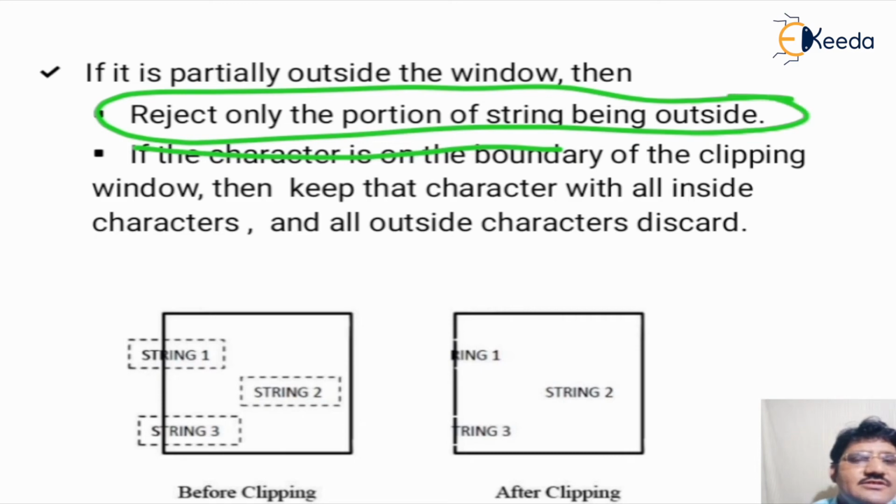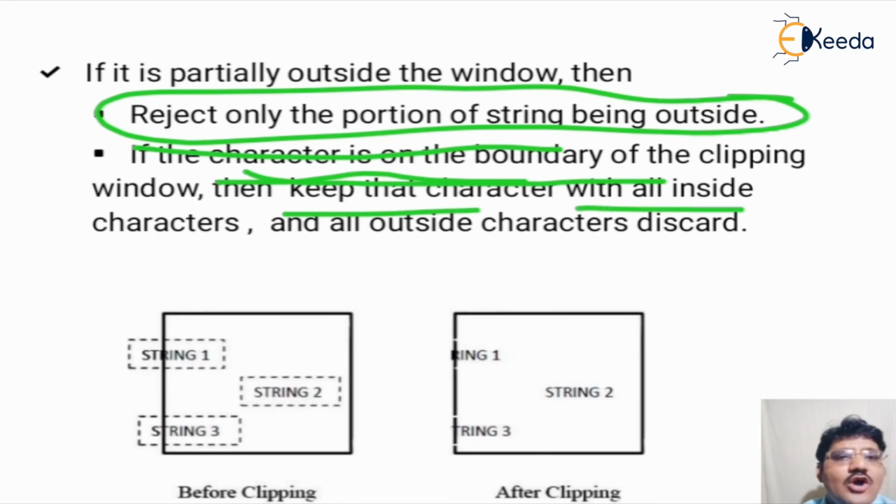Those characters which are outside the clip window will be rejected or discarded, and this is important for this approach: the character which lies on the boundary will be kept safe with all the inside characters.